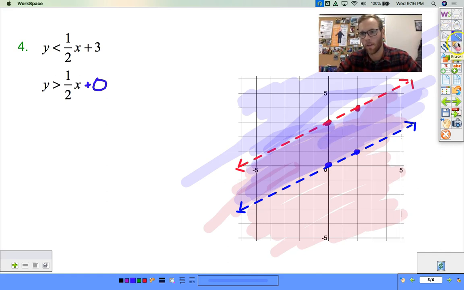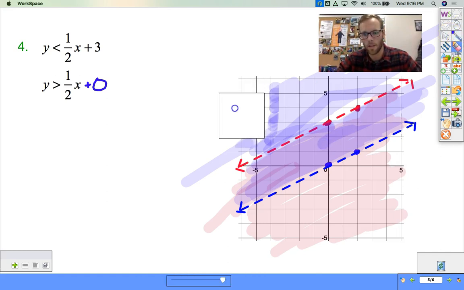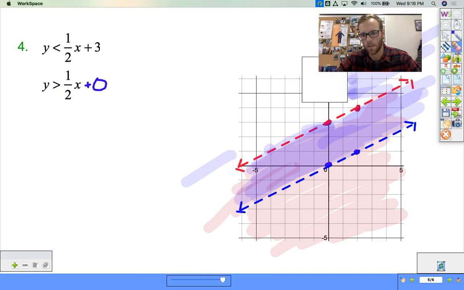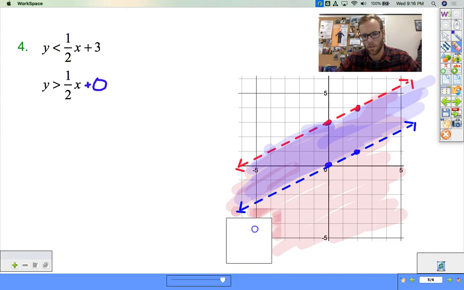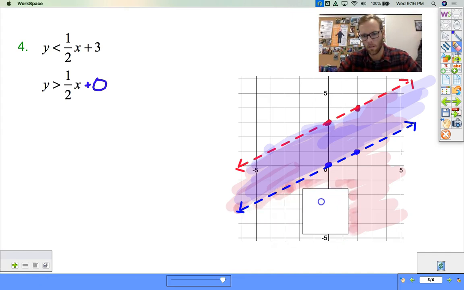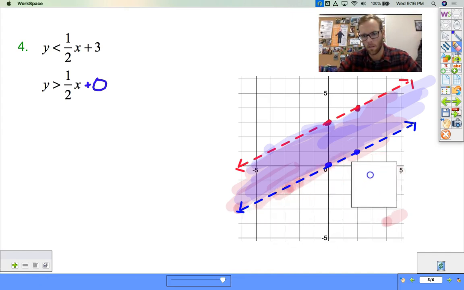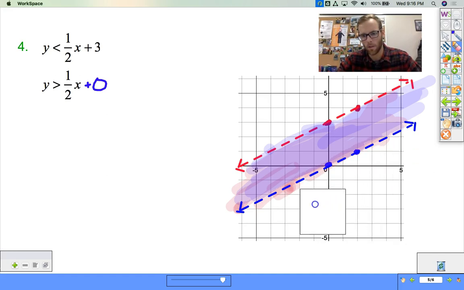Looks like that if I grab my eraser to clean up some of this other stuff. Getting rid of that.